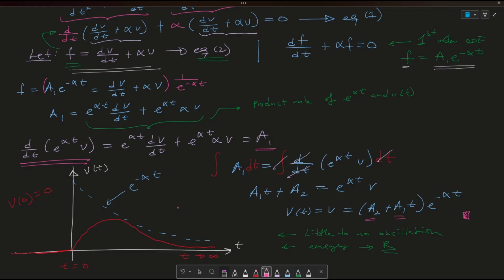When you're dealing with systems in the real world, this is what we call the just right case, because it returns to the original spot as fast as possible without any bouncing, or even bouncing once. An example is in your EE lab: if you have a voltmeter, once you measure the voltage, it shoots up right away to whatever voltage you get.